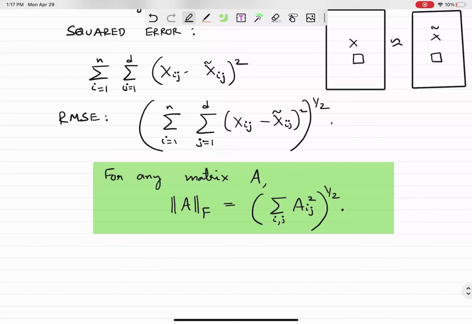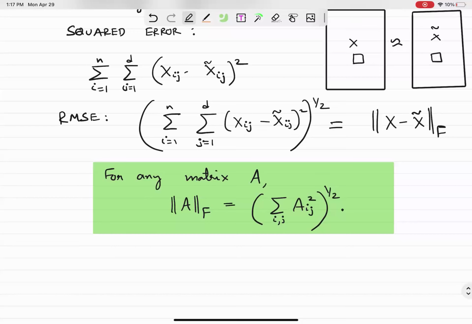It's a little bit like the Euclidean norm, the sum of squares of the length of a vector, but here you're taking the entire matrix as a vector. So in that sense, the RMSE is just: look at the error matrix, which is X minus X tilde, and compute its Frobenius norm. When you take the Frobenius norm, you have to take the sum of squares of the entries and then put a square root.